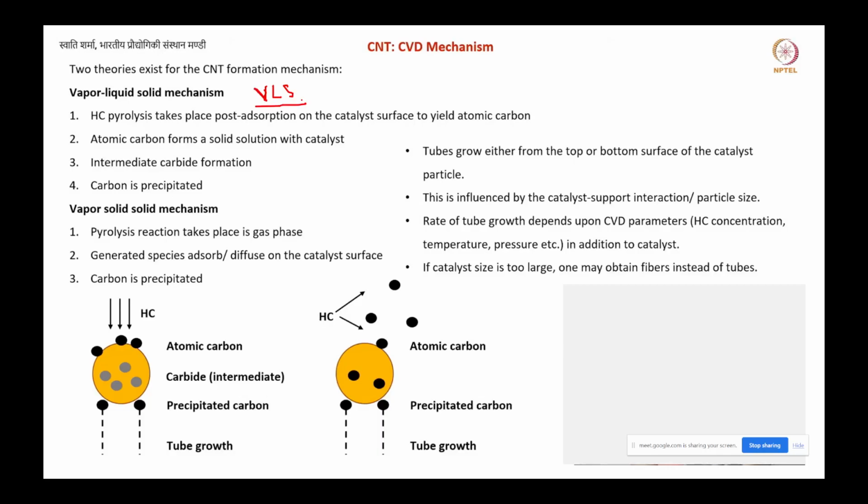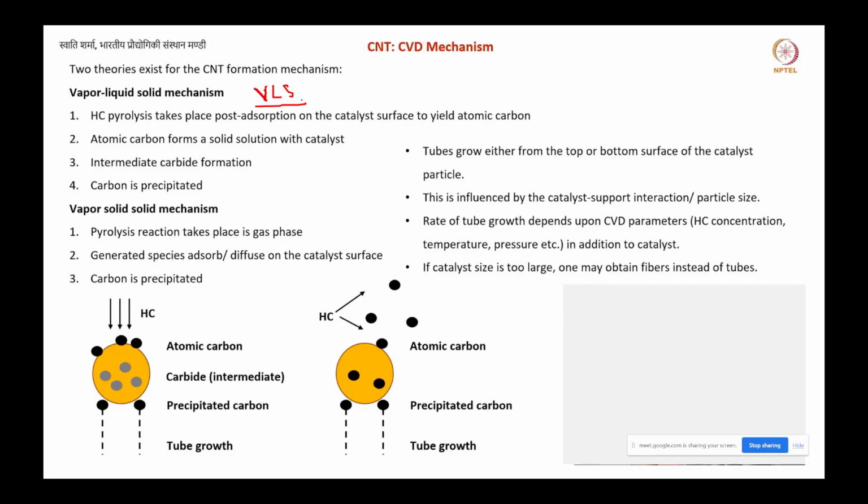If you want to know the very detail, you can see any CVD deposition technique books that I have shown you in the previous slide. That would be good if you want to learn it better. So the hydrocarbon pyrolysis takes place post adsorption on the catalyst surface to yield atomic carbon.